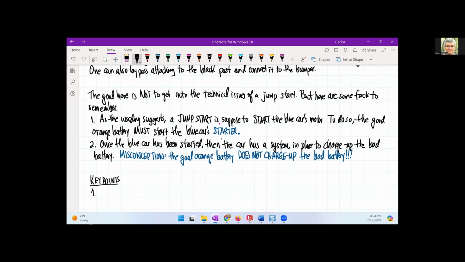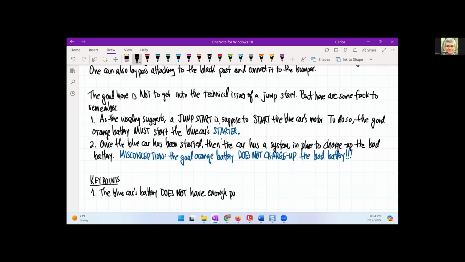One, the blue car's battery does not have enough juice, as they say, right? It doesn't have enough juice to turn on the car.